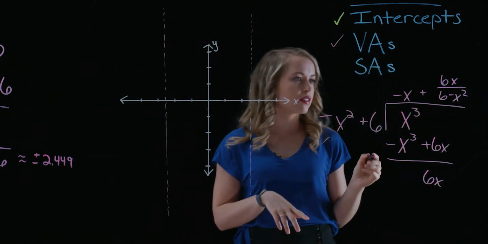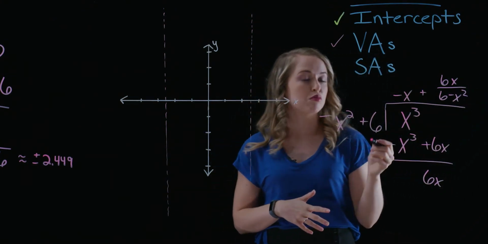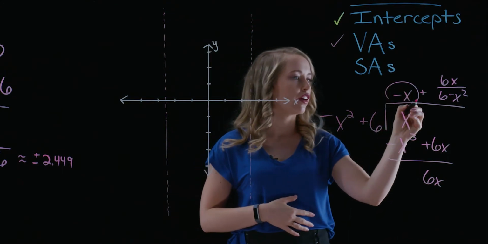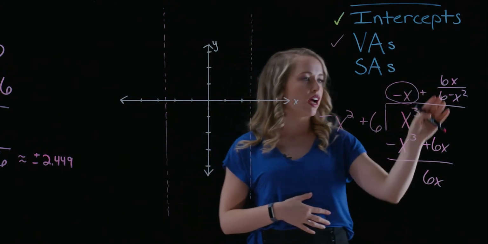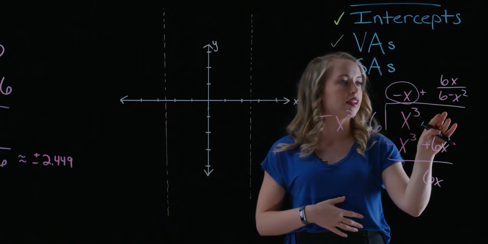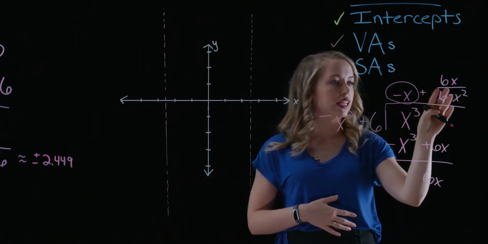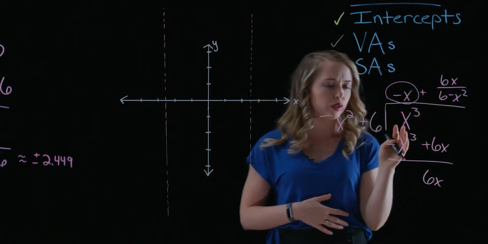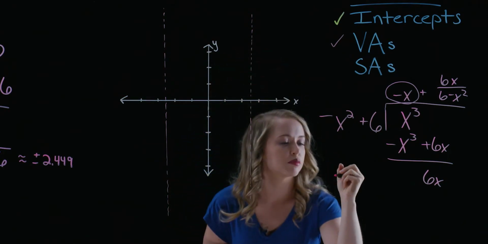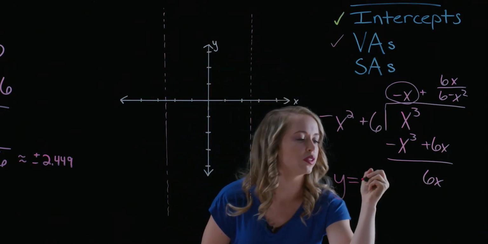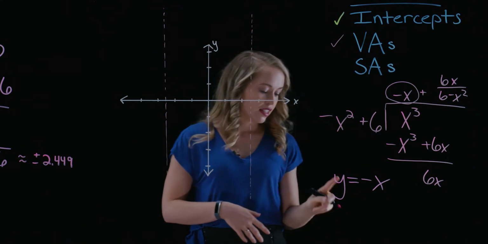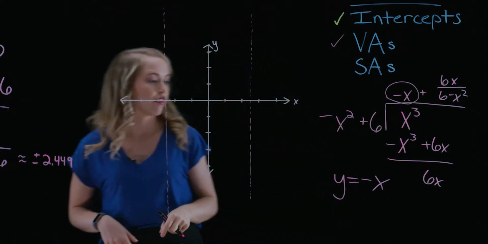Now for the purposes of determining my slant asymptote, I actually only care about this piece. I don't have to worry about this fractional part, and that's because it winds up being negligible. So I only really care that my slant asymptote is going to be this line y equals negative x. Now I'm ready to go ahead and graph that.